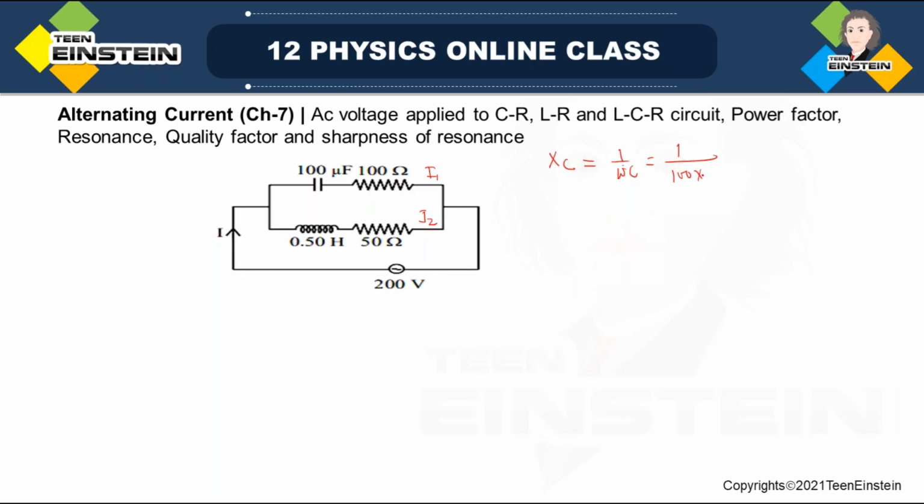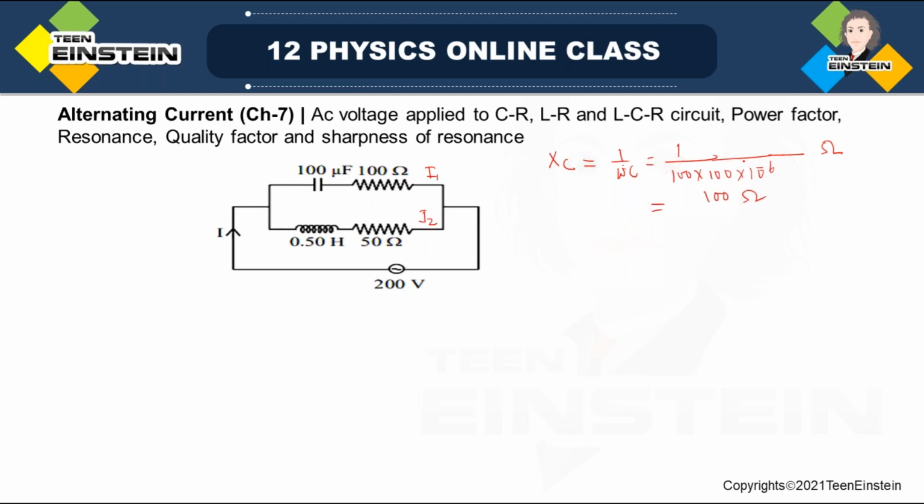What is C? C is 100 microfarad. Okay, so now look here, it is 10 to the power 4, so it will be 100 ohm. This will have unit 100 ohm.